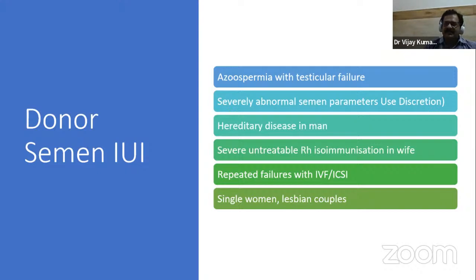If the donor sample is also Rh negative, then this solves the problem of Rh isoimmunization, and she can have a successful pregnancy with a good outcome. Repeated failures with IVF or ICSI. So again, if the semen parameters of the husband are not of that good quality, and if there is IVF or ICSI failure, in them also you can have a try of donor sample IUI.